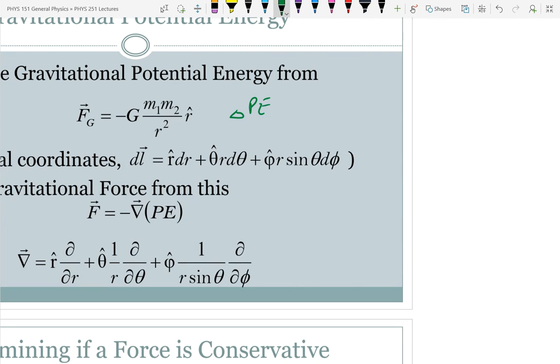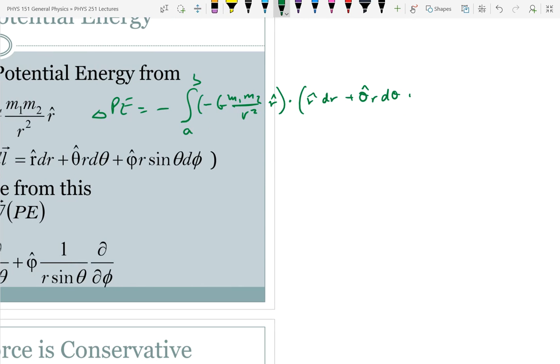Change in potential energy is equal to minus the integral from A to B of, I have this, but it simplifies out to G M1 M2 over r squared dr.